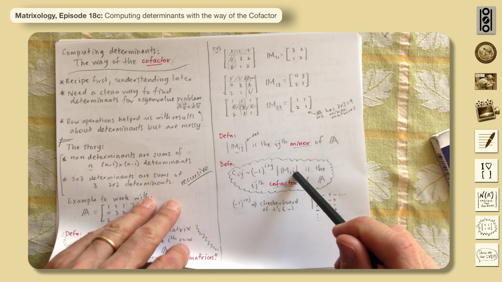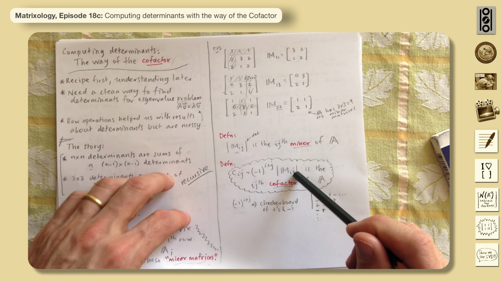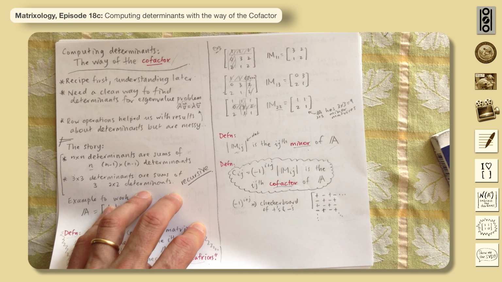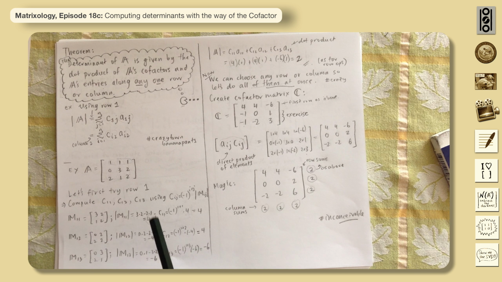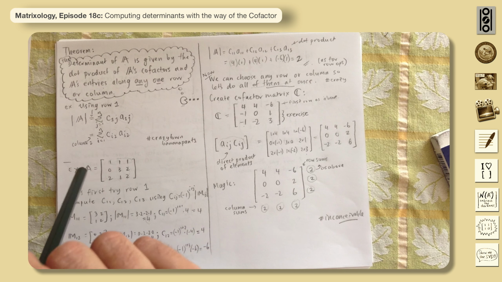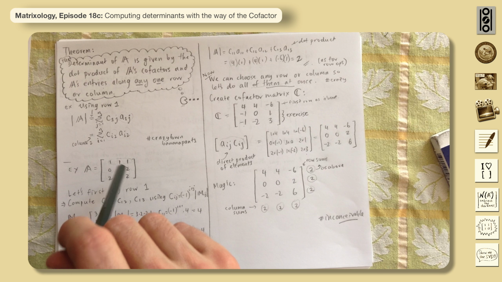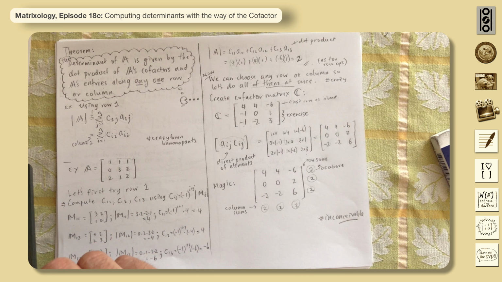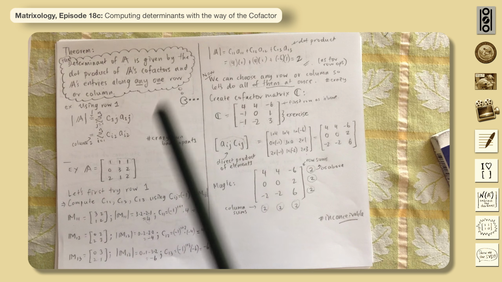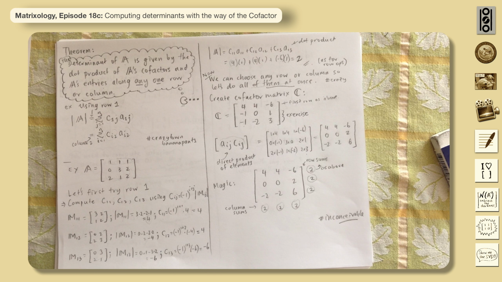The cofactor is simply that minor with this checkerboard -1, +1 factor. And then we get to this rather odd thing that the determinant is given by the dot product or the inner product of a row of A and the same row of the cofactor matrix, or a column of A and the same column of the cofactor matrix.